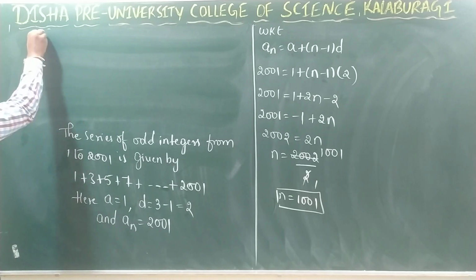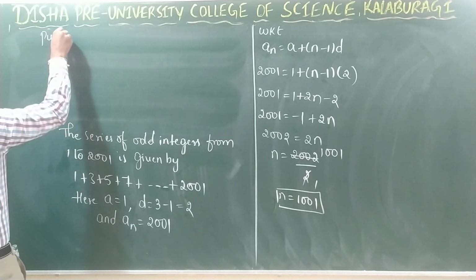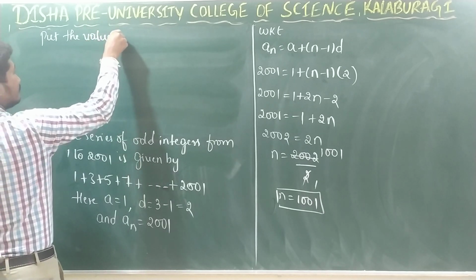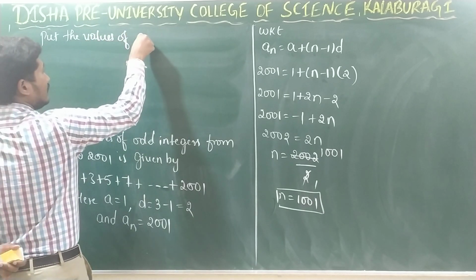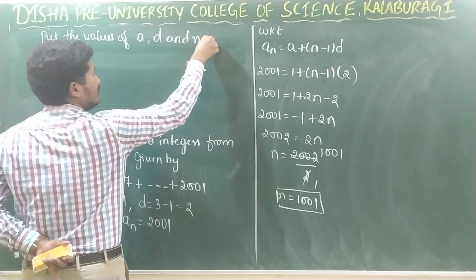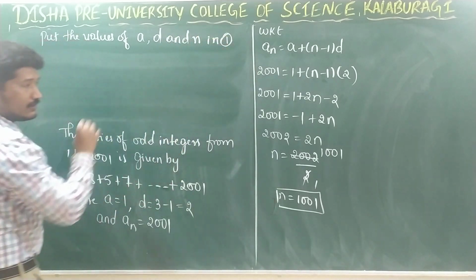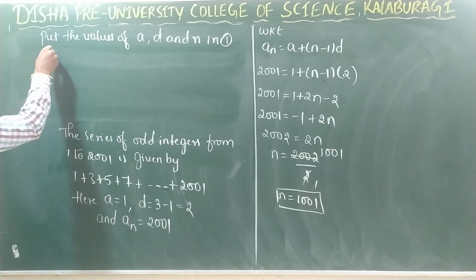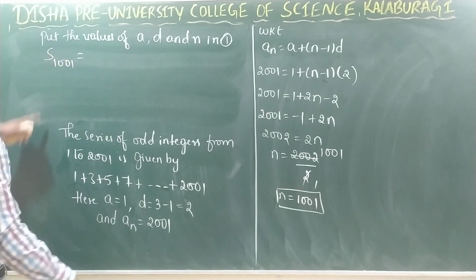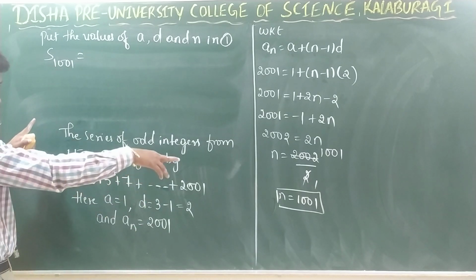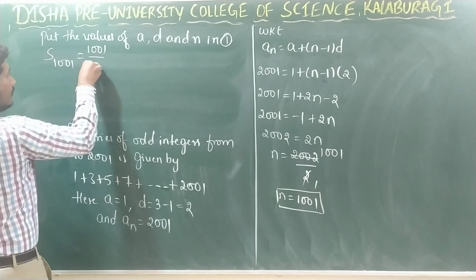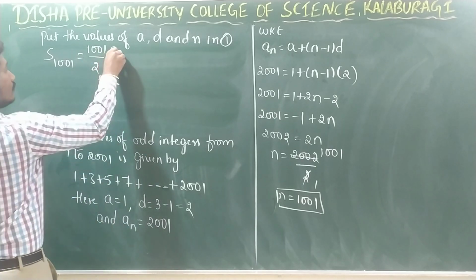See here, put the values of a, d and n in equation 1. That is, we have taken that as equation 1. So what will we get? S1001 is equal to, that is Sn is equal to, n by 2, n is 1001, so 1001 by 2 into 2a plus n minus 1 into d.